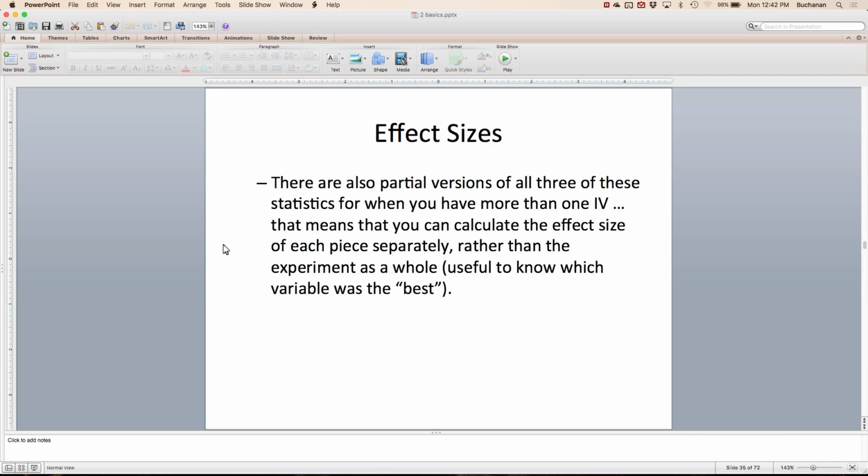So when you have lots of variables at once, and you want to know what is the effect of just this variable, you'll get a partial. So I can calculate the effect size differently for each piece of the experiment, which is really handy, because the overall experiment might be significant, but only this piece is the important one. So, especially when we get into regression, we're talking about predictors, which predictor was the most important. Partial r squareds will tell you that.